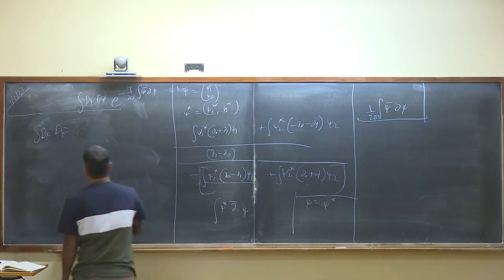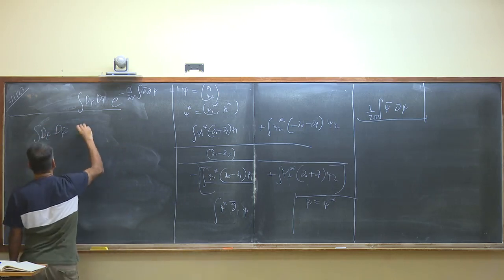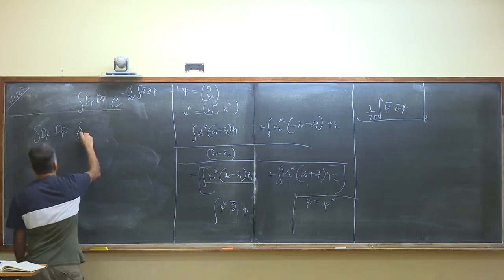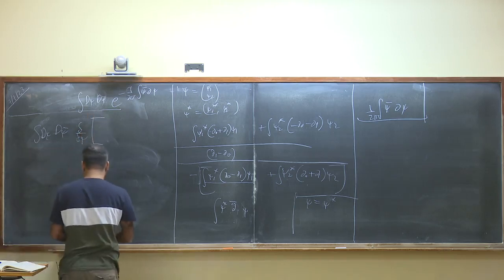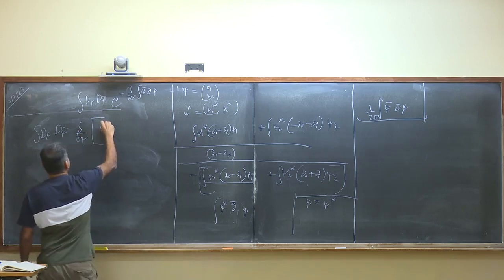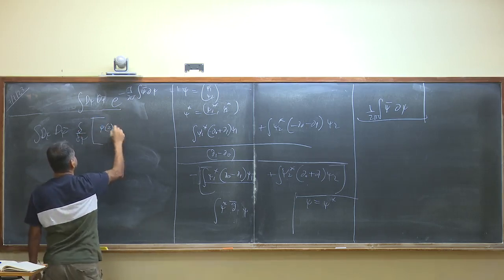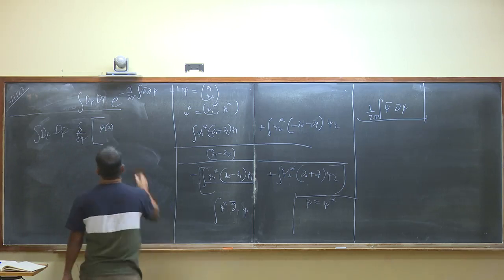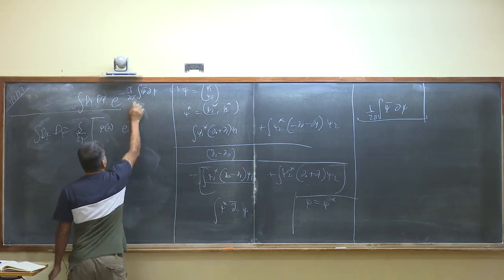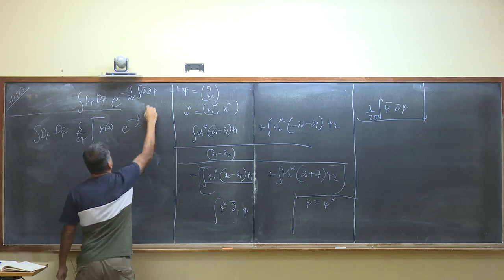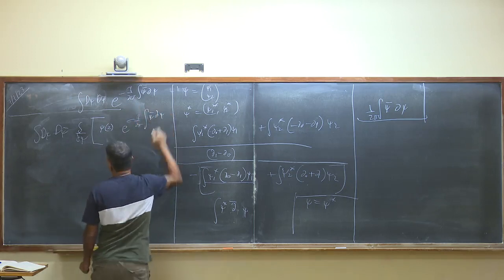Let us first look at the integral of del by del psi of psi of z, times e to the power minus 1 by 2 pi integral psi bar del psi.